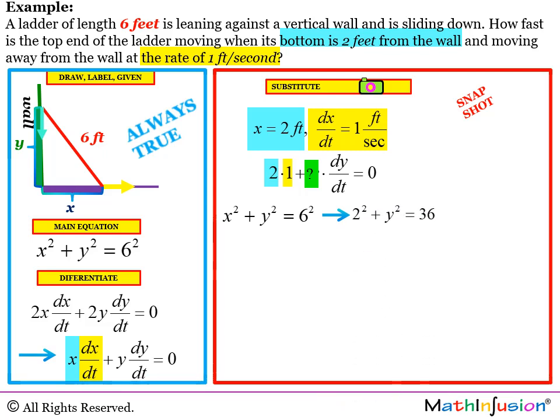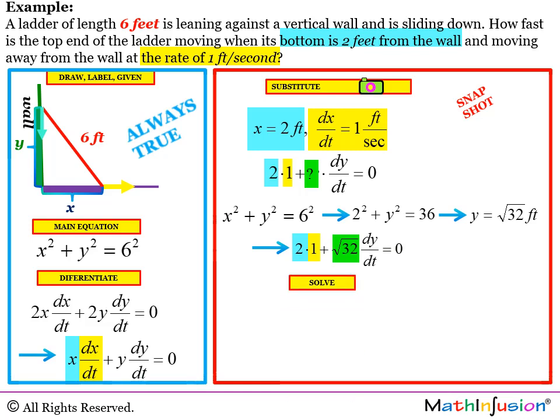Because x now equals 2, we can find the y. It is 36 minus 4, and then we have to take the square root, and we get that y is the square root of 32 feet. Now we can substitute this instead of the question mark for the y. And now we can solve for dy dt.